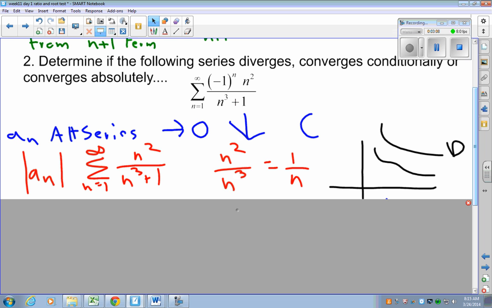So from Tuesday's notes, I am going to use a limit comparison test. I'm going to look at 1 over n. You can do either the limit comparison test or the direct comparison test. Okay, so let's look into this.